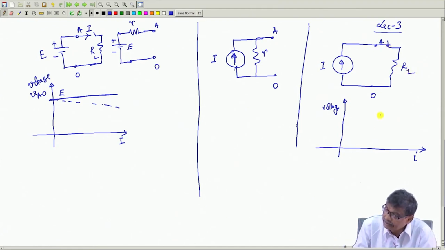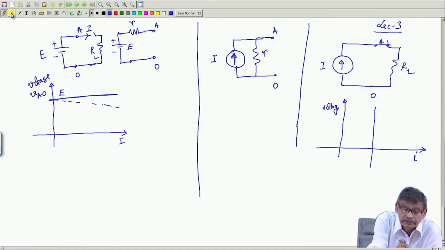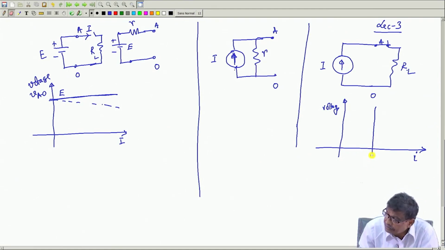It says that whatever is the strength of this current source, that current will remain constant at this value I. Voltage may change at this point A.